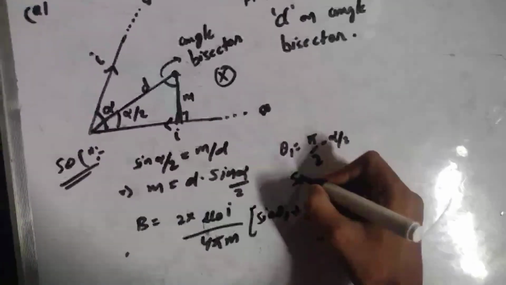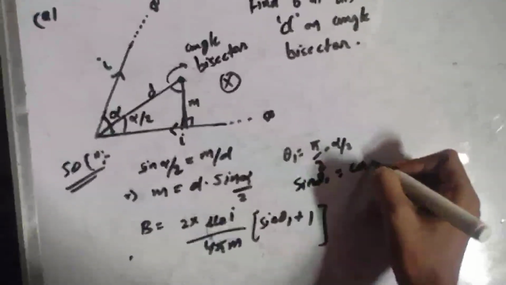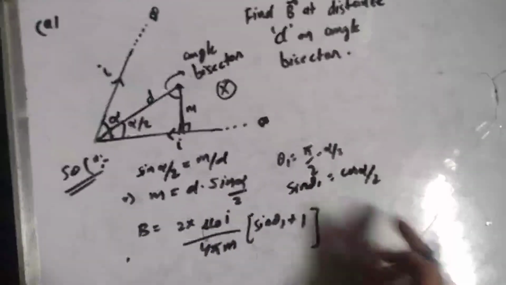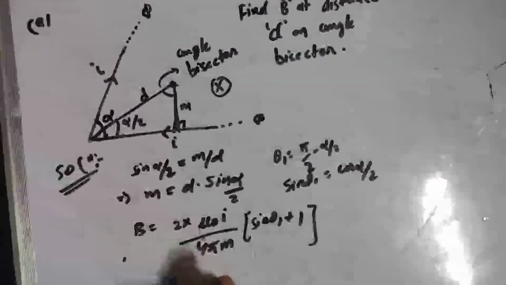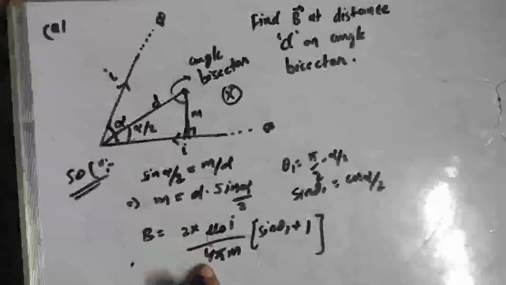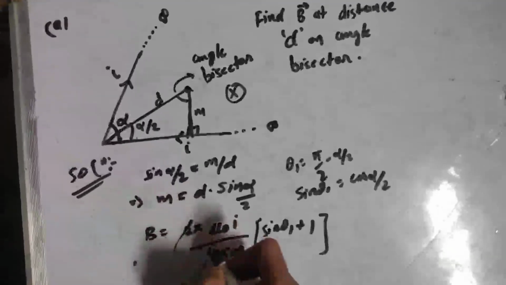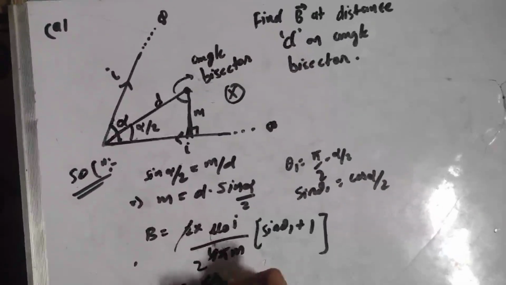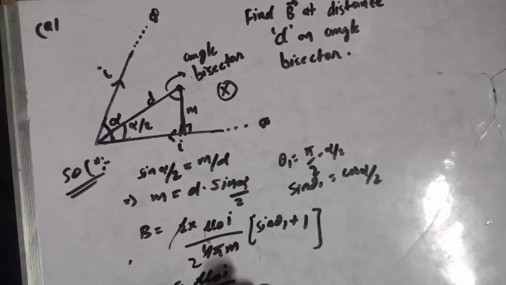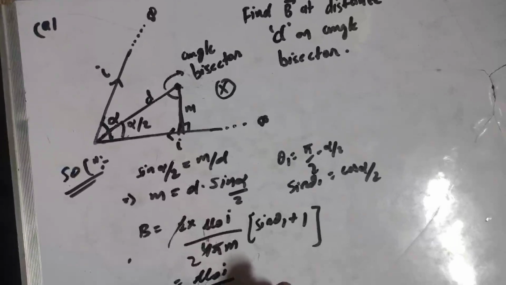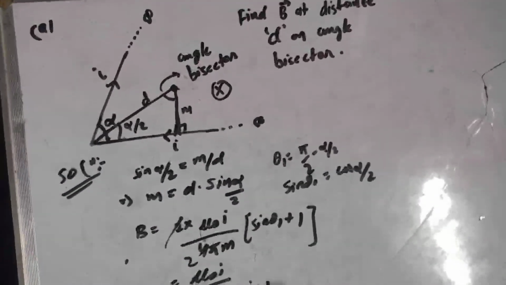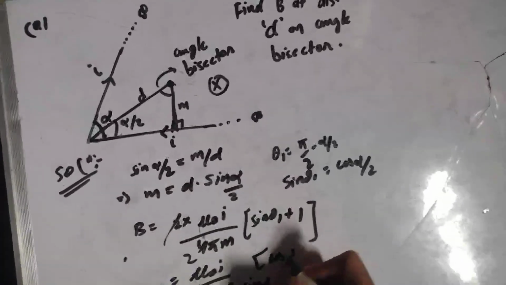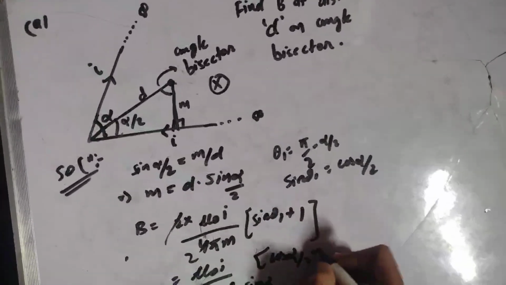So sin theta 1 would be sin of pi by 2 minus alpha by 2, which equals cos alpha by 2. So we can write 2 into, and this 2 cancels with 4 by 2, so this is mu naught I upon 2 pi, and m is d into sin alpha by 2, and here is cos alpha by 2 plus 1.